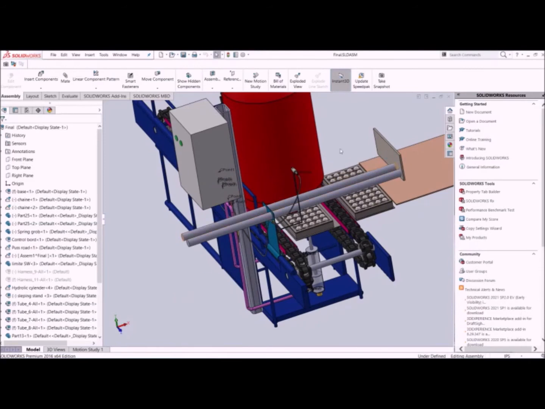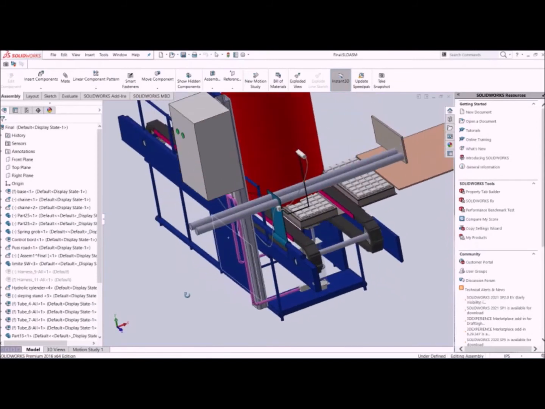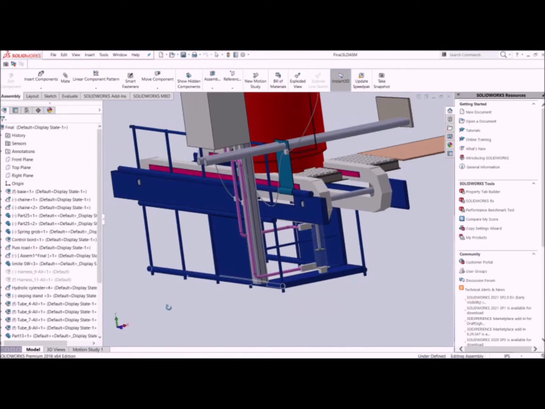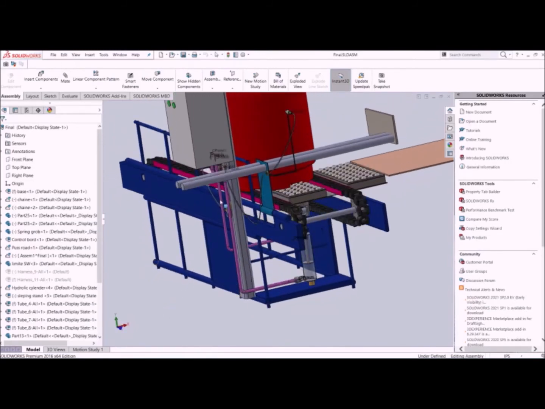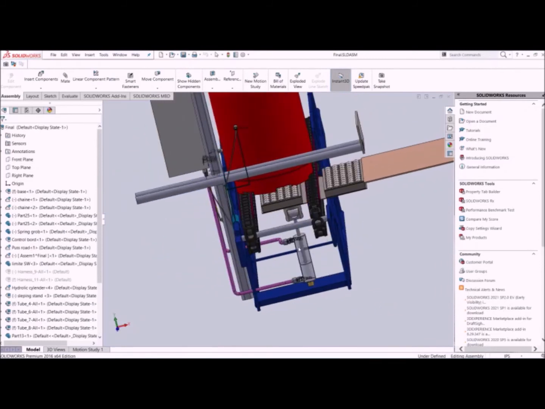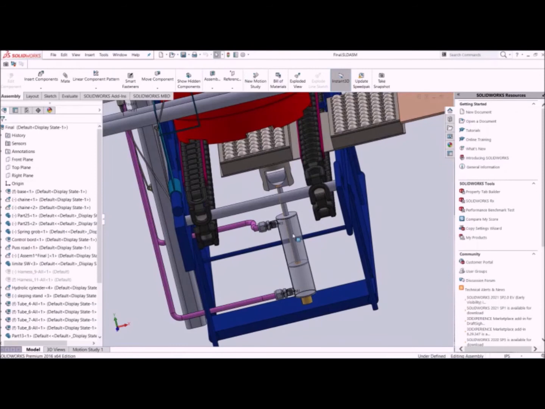One cylinder comes to the conveyor. The cylinder will touch the limit sensor, and the limit sensor will send a signal to the PLC, and the PLC will send compressed air to the top side of this pneumatic cylinder.